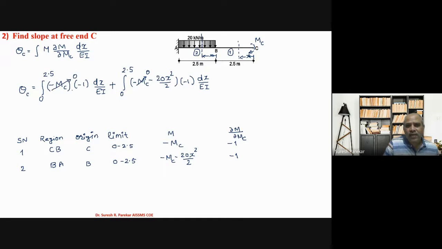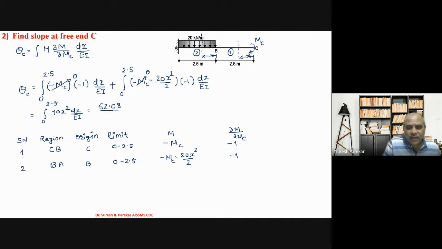So this will go. And then we have theta C is equal to integration 0 to 2.5 of 10x square dx upon EI. And now if we solve this, we will get the value 52.08 upon EI.